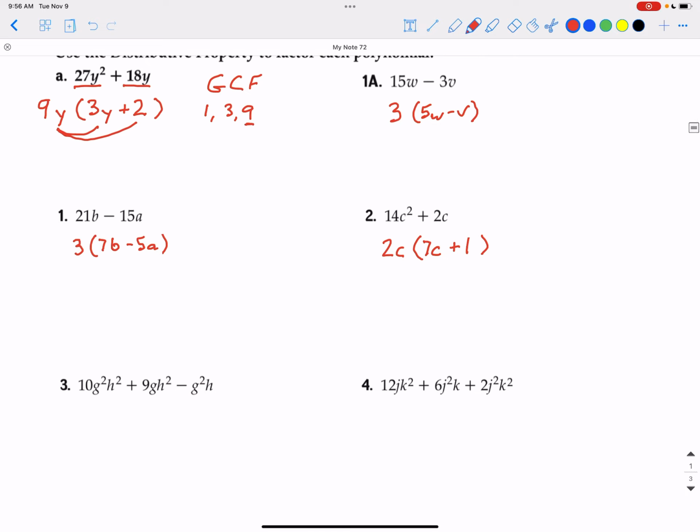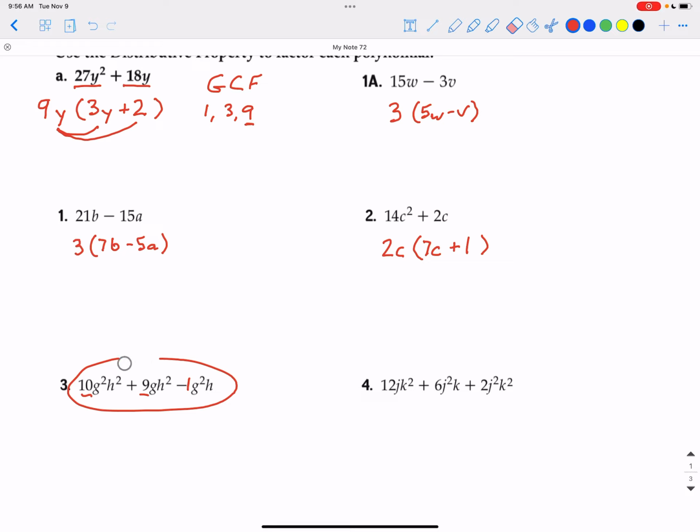Down here at the bottom, now we have 3 terms, and we have multiple variables. The 3 coefficients are 10, 9, and there is a negative 1 in front of this g. So what goes into all 3 of those terms? Well, a 1 does, but I don't want to factor out a 1 because if you divide by 1, you're just going to wind up with the exact same thing that's already up here, which means you're not getting anywhere by factoring that.